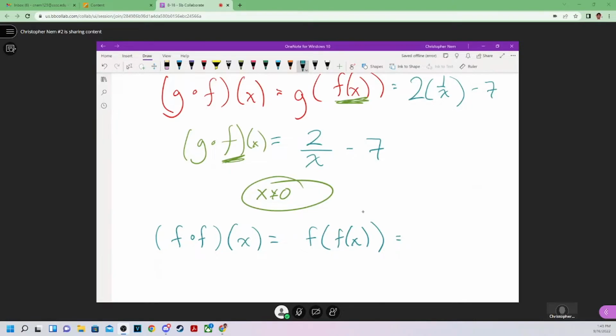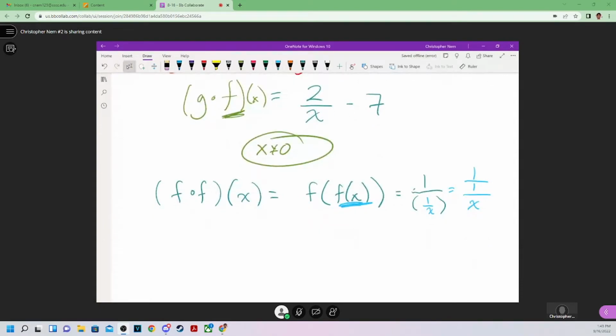Our function f is 1 over x. So I'm doing 1 over whatever my input is. But now, the thing I'm plugging in is 1 over x. So this becomes 1 over 1 over x, which if you calculate that off, is 1 divided by 1 over x. I apologize.